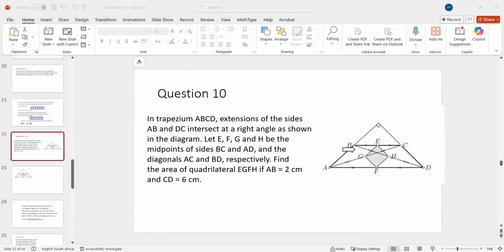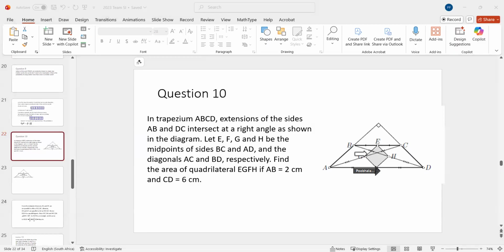And you got that this line BC is parallel to AD. It's given. Yeah, it's a trapezium. ABCD is a trapezium, so therefore BC is parallel.